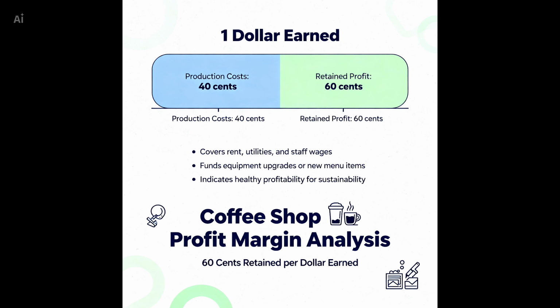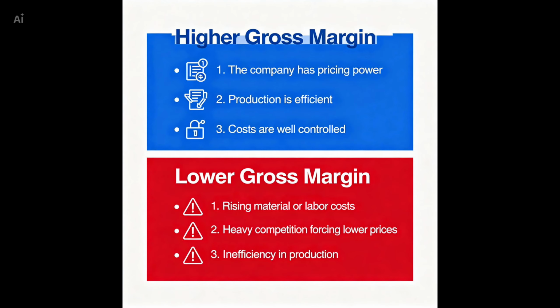So why does this matter? A higher gross margin usually means the company has pricing power, production is efficient, and costs are well controlled. But a lower gross margin could signal rising material and labor costs, heavy competition forcing lower prices, or inefficiency in production.